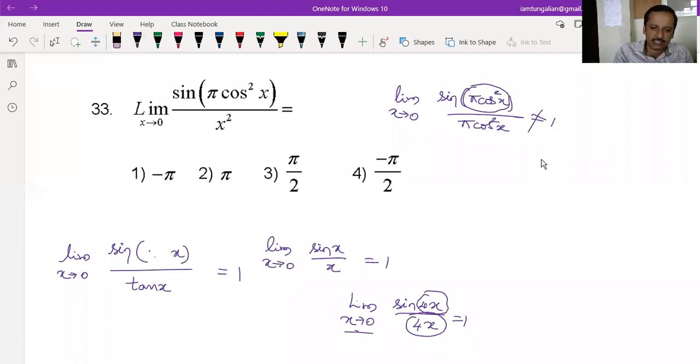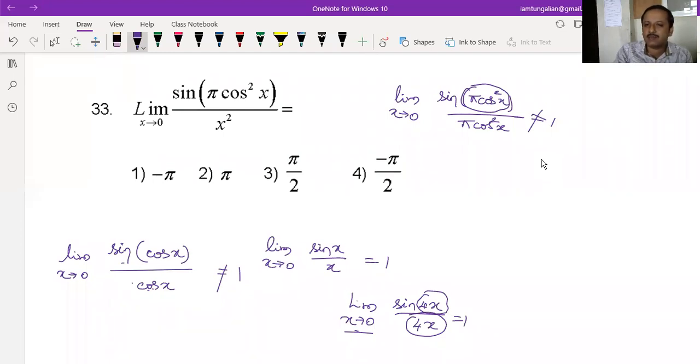However, instead of tan x, suppose you have cos x here and a cos x here. Now if you say, sir, as x approaches 0, sin theta by theta, this is not equal to 1. Why not equal to 1? Because when x approaches 0, cos x does not approach 0.